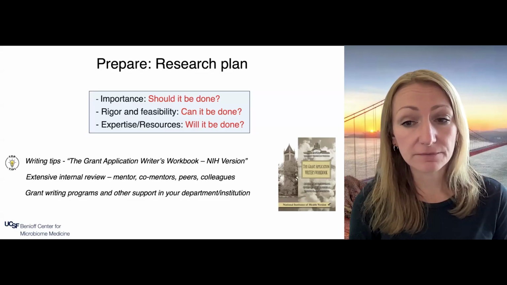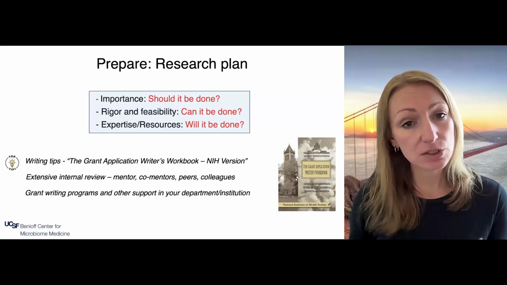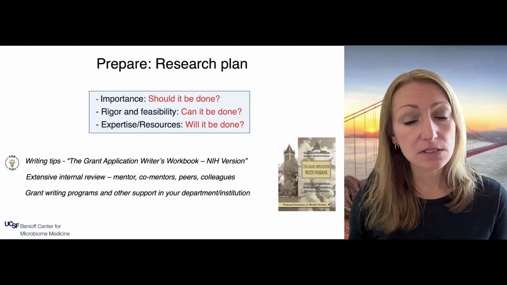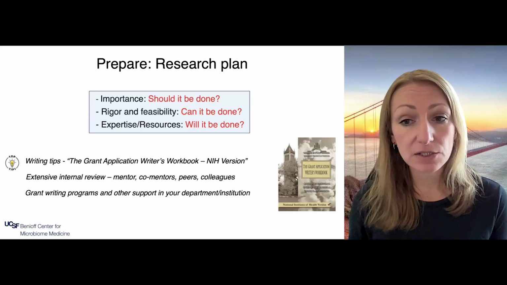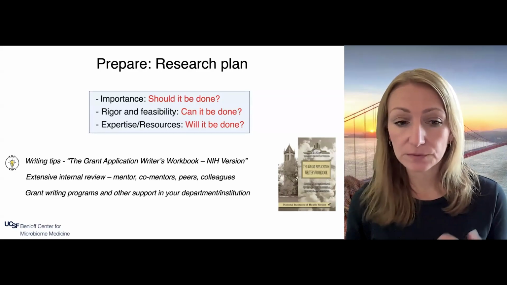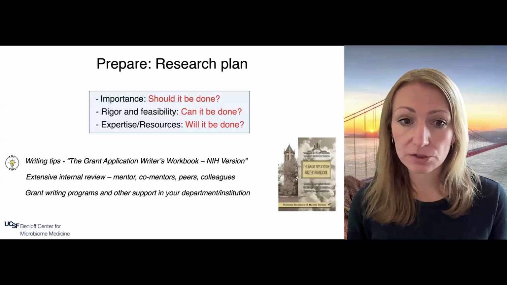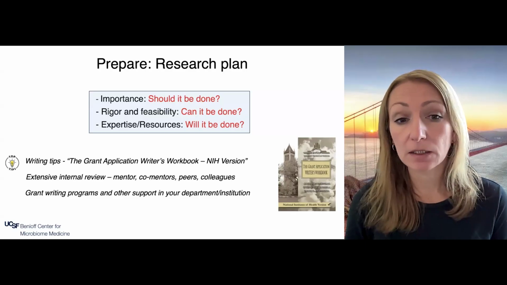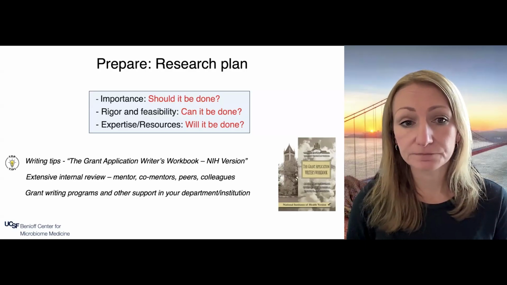This gives very good tips on how to write in NIH-like language. This book is tailored towards R01 grant applications, but a lot of the tips on how to, again, speak the NIH language are applicable to you as well.